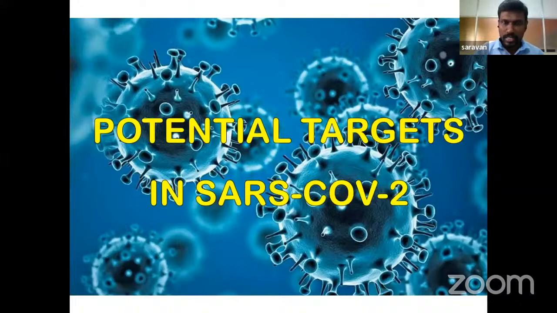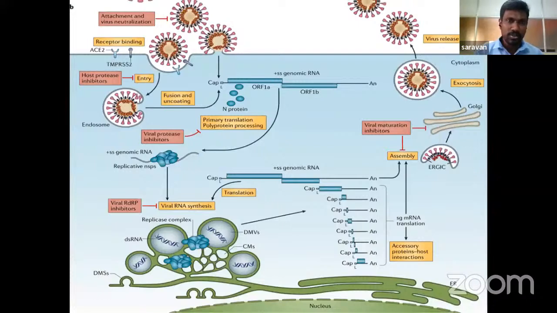Let us see the life cycle of the virus briefly, so that it will be supportive for me to explain the potential targets. The infection is initiated by the binding of the spike proteins of the coronavirus to the human angiotensin converting enzyme 2 receptor binding domain.